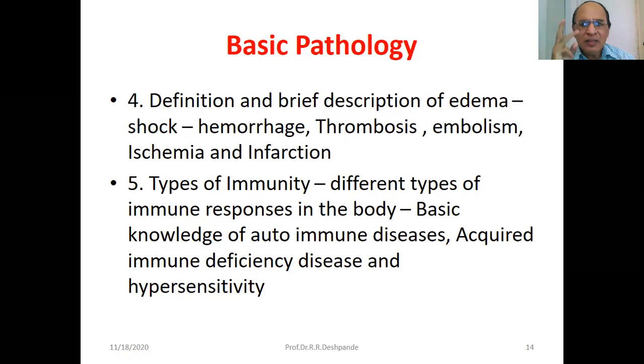Hemiplegia, the 3 important causes: brain hemorrhage, thrombosis and embolism over here. Then ischemia and infarct with relation to the heart. Ischemia is angina pectoris. Infarct means heart attack. Myocardial infarction.